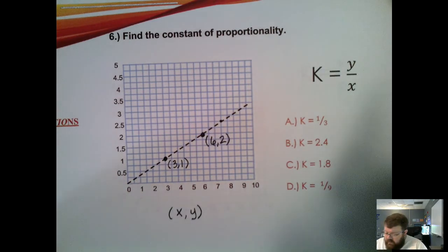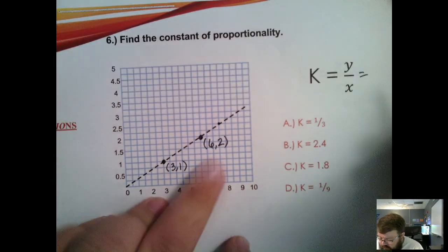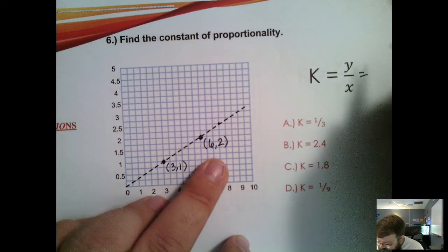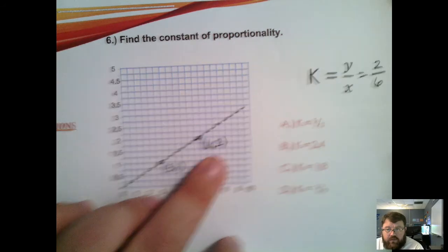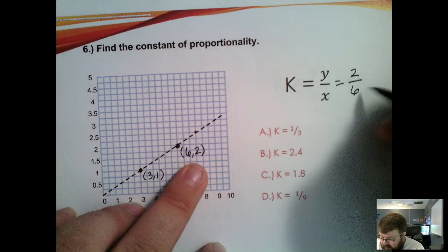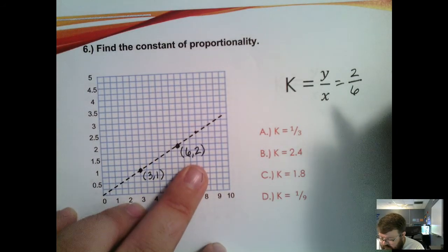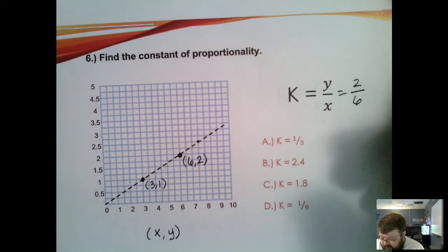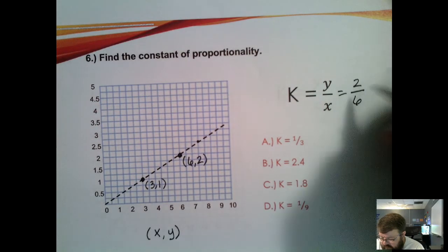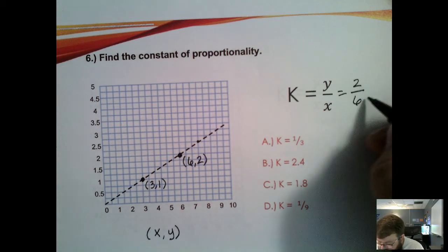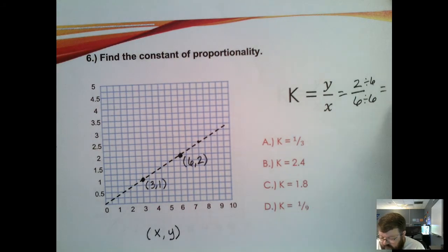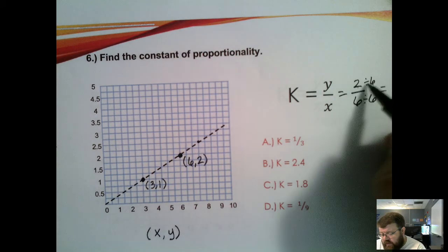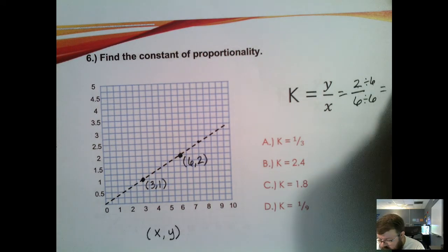Okay, so hopefully you did 2 over 6. 2 over 6, if I tried to make this a unit rate, divide this by 6, divide this by 6. 6 divided by 6 is 1. 2 divided by 6 is 1/3.